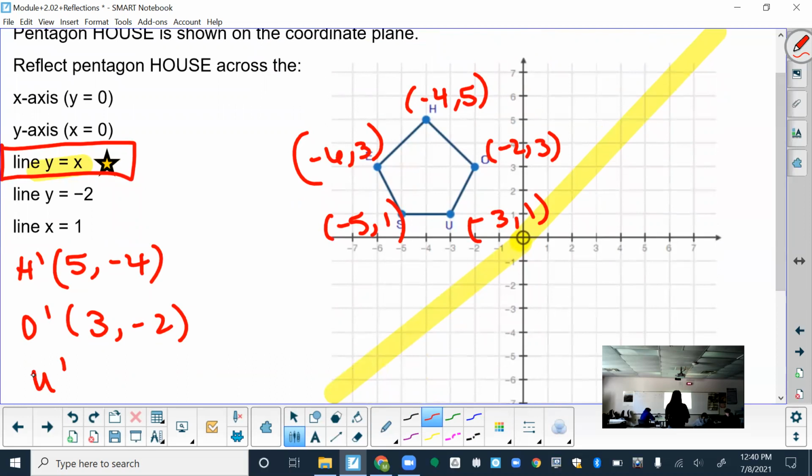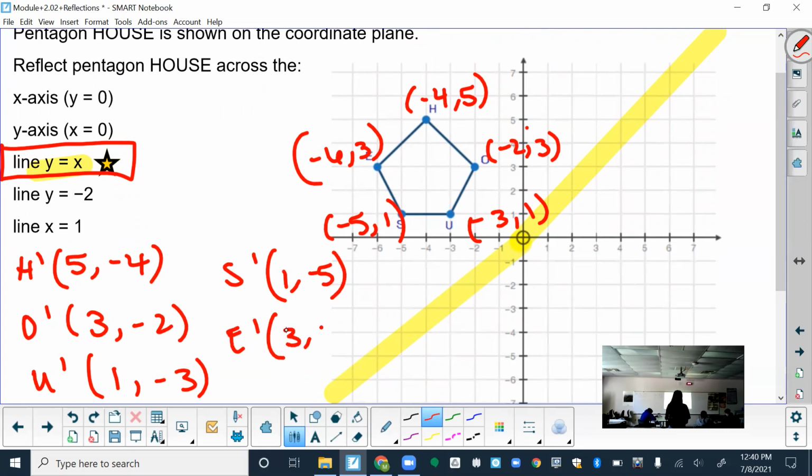Are we seeing the pattern? So then that would make U prime 1, negative 3. S prime would be 1, negative 5. And E prime would be 3, negative 6.